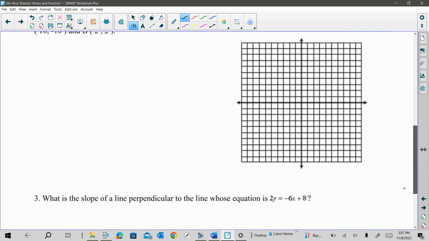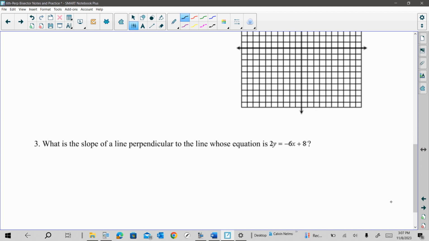Now, when you look at 3 here, they want you to find the slope of the perpendicular of the line whose equation is 2y equals -6x plus 8. To get the slope, we need it to look like mx plus b, because the m is the slope.